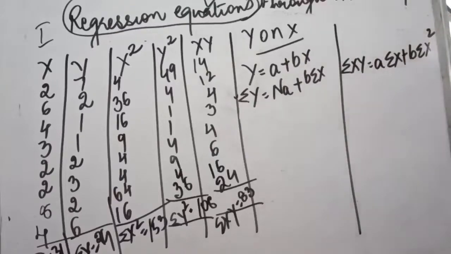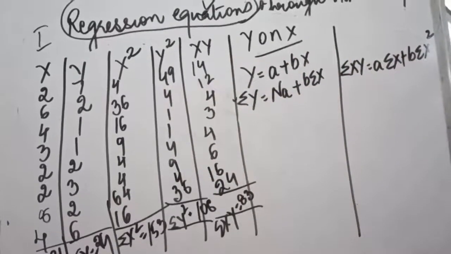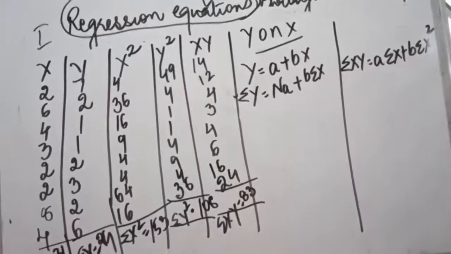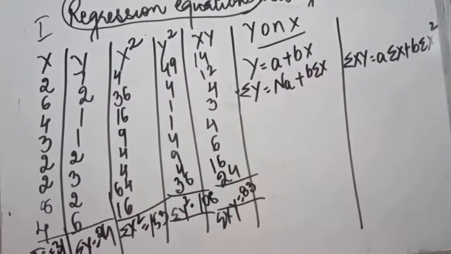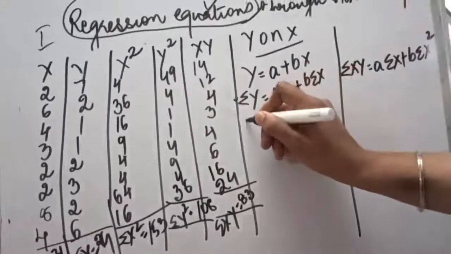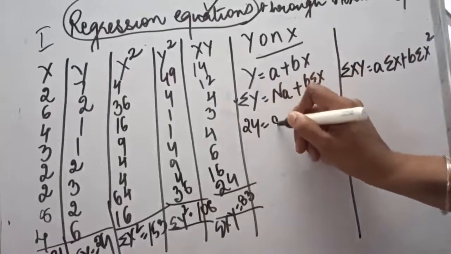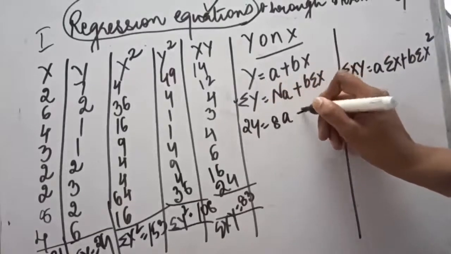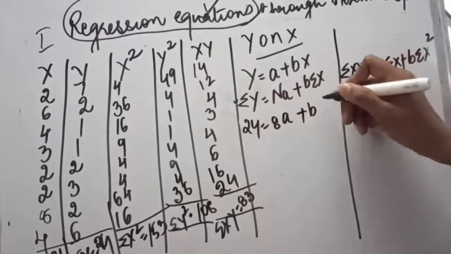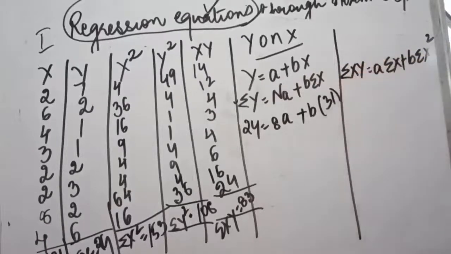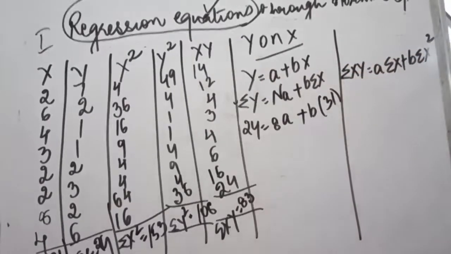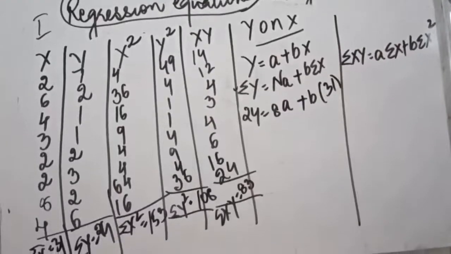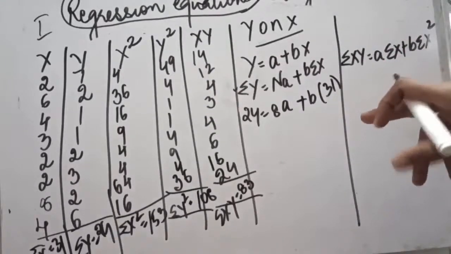Now again we will do the same and just put the values we have calculated. Sigma y, you can see from this table, came out to be 24. So we are putting here 24. N was 8a plus b. Sigma x we have calculated to be 31. You can see from this table, sigma x was 31. So we have put the values over here.